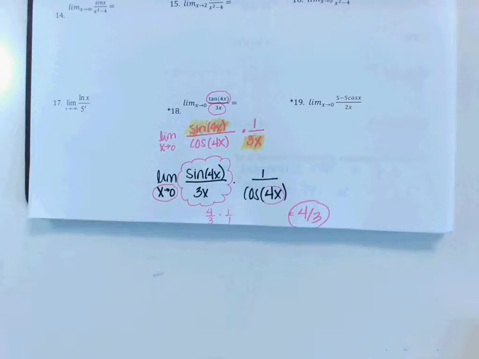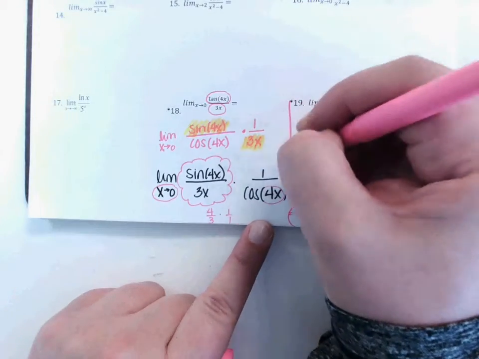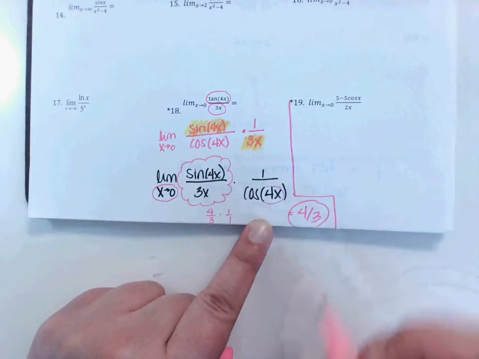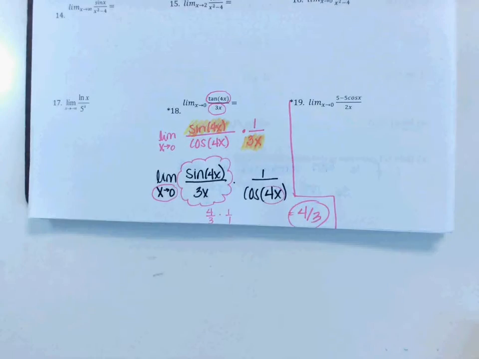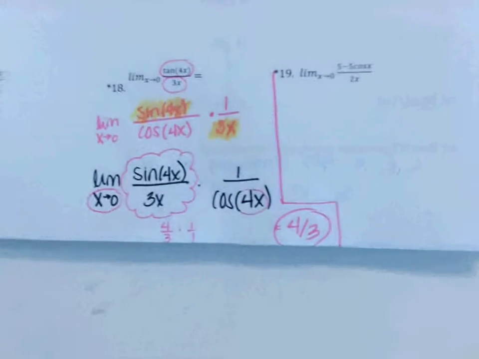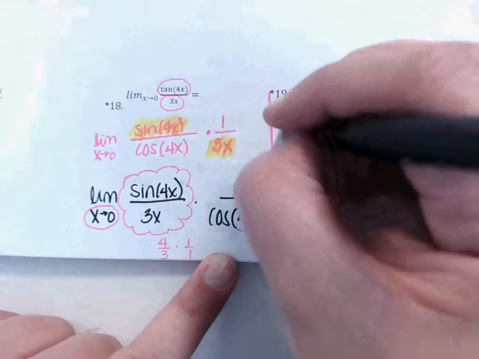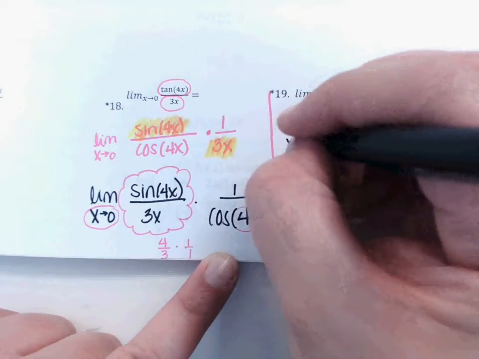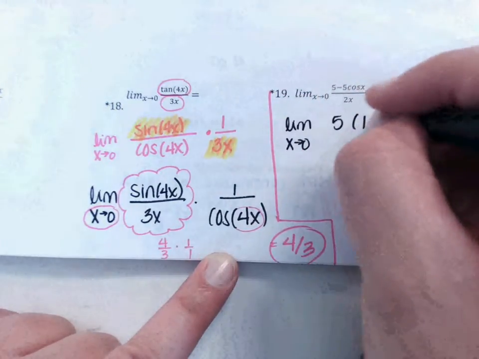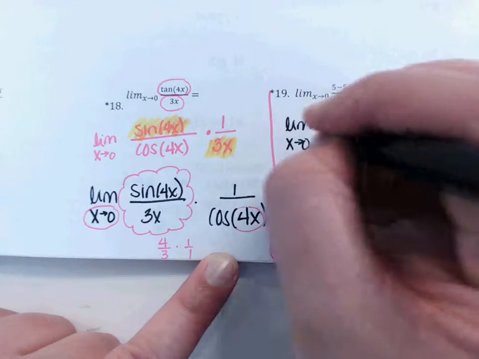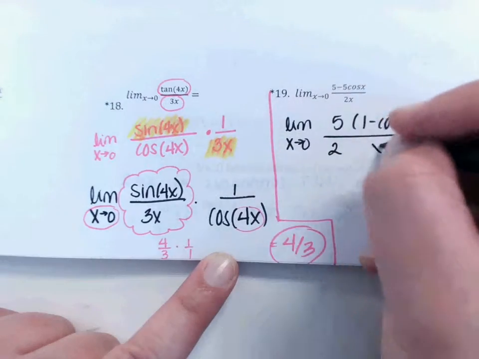That one's almost special, but what's different about 19 compared to special case number 2? What do you notice on the top that they both have? They both have what constant? A 5, right? So I'm going to pull the 5 out to the front, so I'll have the limit as x approaches 0 of 5 times 1 minus cosine x over 2 times x.